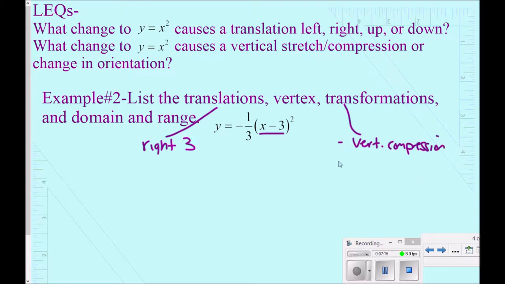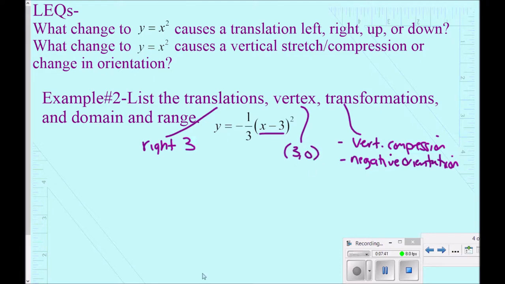And the negative means it's a negative orientation or opens down. Okay. So vertex, if it was at 0, 0 is the most basic vertex, and I shift right 3, that's going to take me to 3, 0.